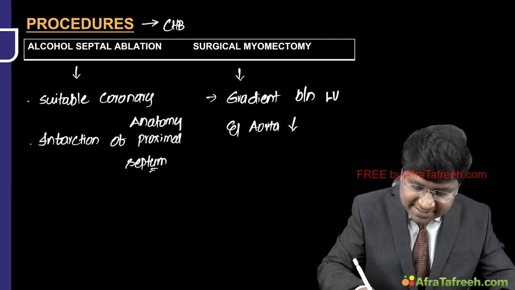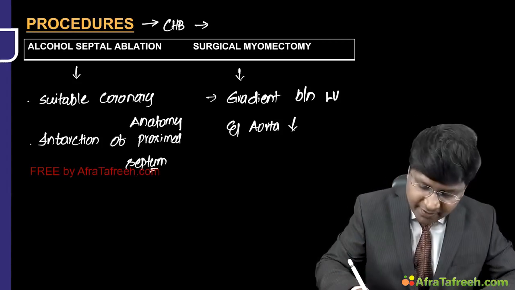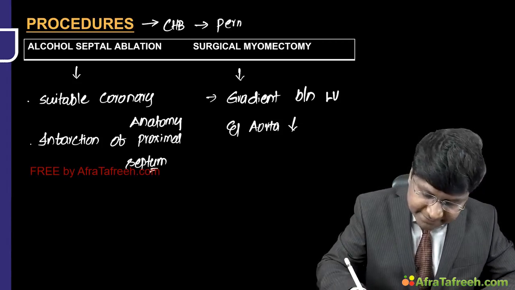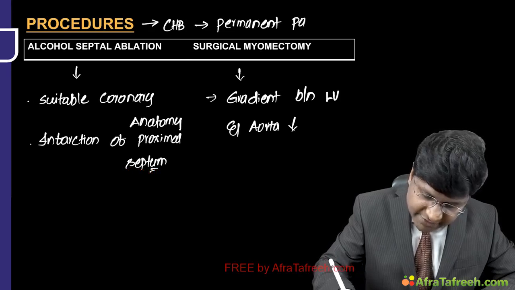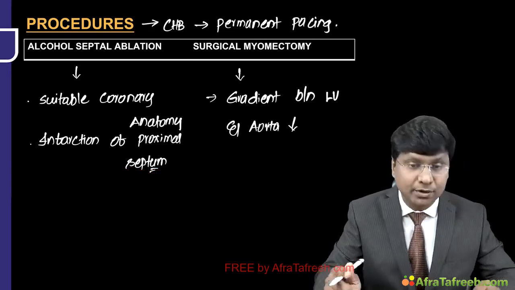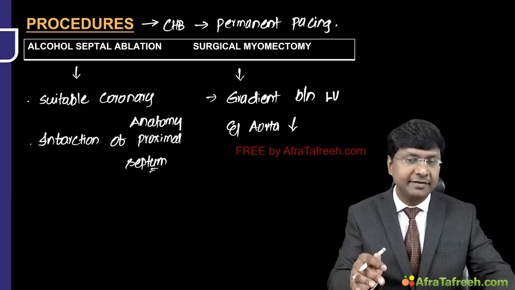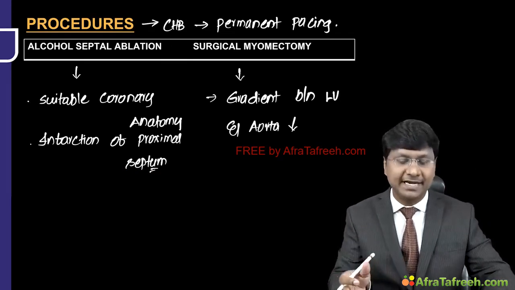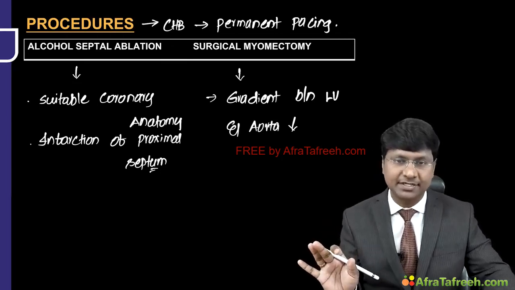So once there is development of complete heart block, then he is a candidate for permanent pacing. So this is what I was discussing, the requirement of the permanent pacemaker. A permanent pacemaker has to be placed if the individual develops the complication of complete heart block secondary to alcohol septal ablation or surgical myomectomy, right?